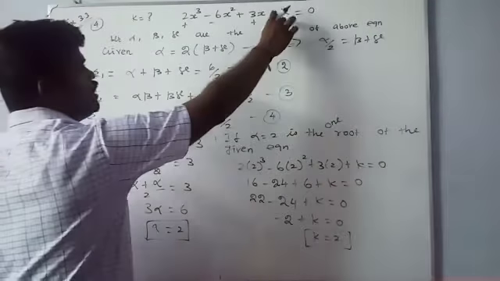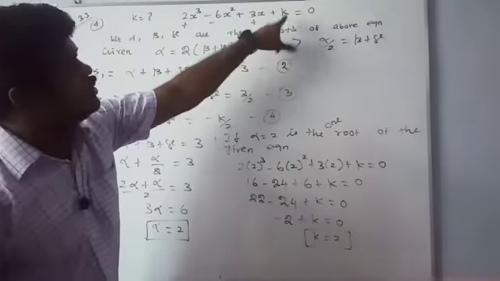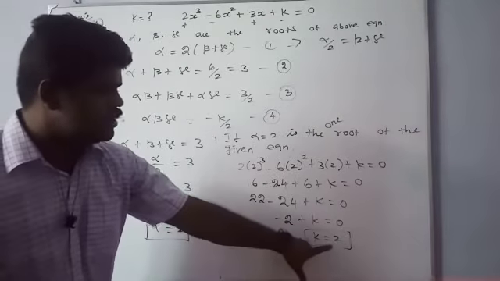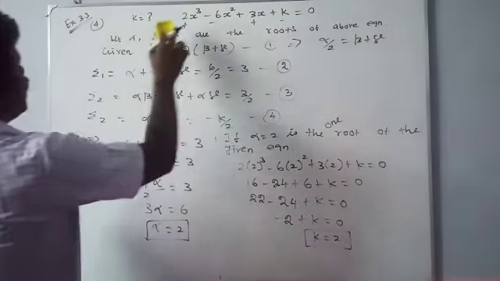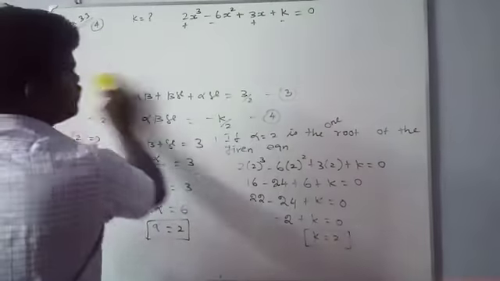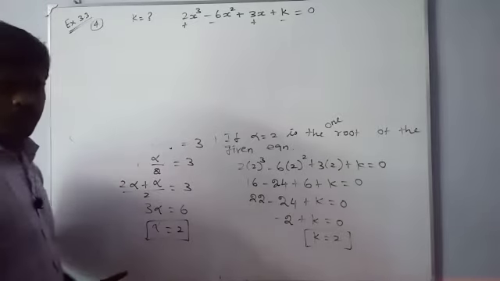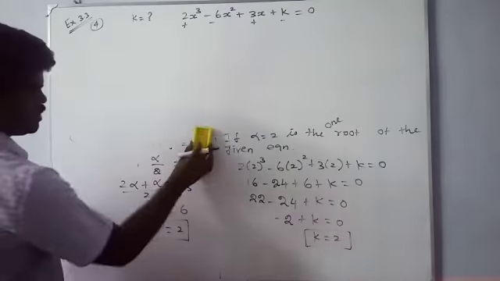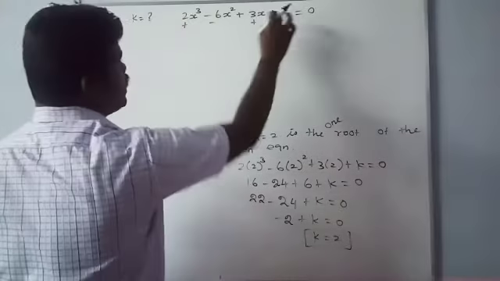Now we solve the equation by putting the k value in the given equation. Now continue this sum. Already we know 2 is one root. We want to find the other 2 roots. Apply the k value here.